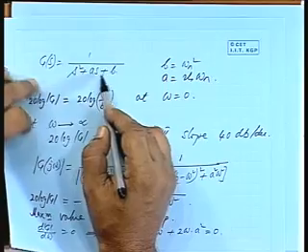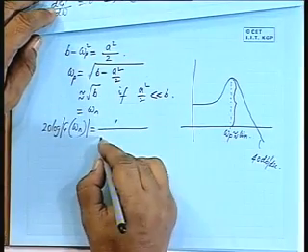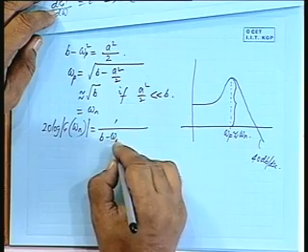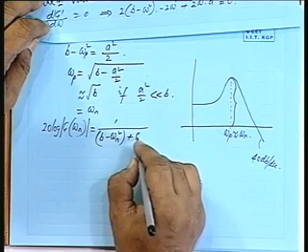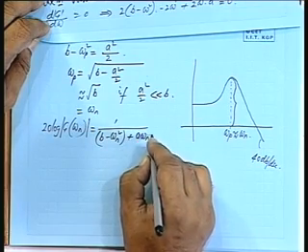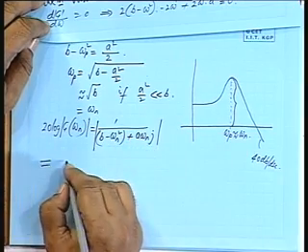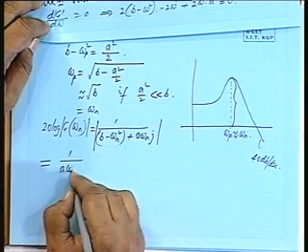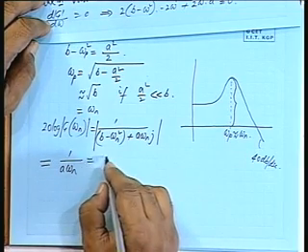So, it will be 1 by the magnitude of b minus omega n squared, which will be 0, plus a omega n j, which will be equal to 1 by a omega n, and omega n is nothing but root b.